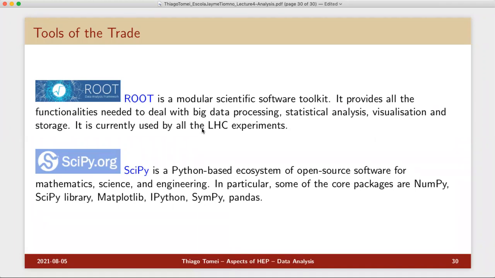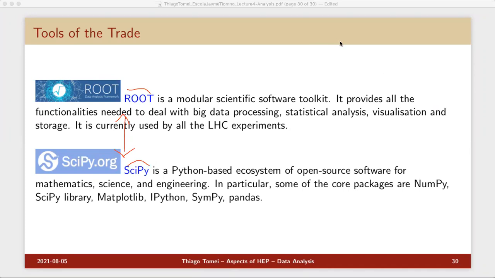Particularly the numerical part of SciPy, NumPy, and some other packages like pandas, and stuff like TensorFlow, PyTorch, Keras, is used in the field of machine learning. And there are already some efforts to build some bridges between the two things, because sure, ROOT is very good for us, but the people working with SciPy and NumPy are making great progress in machine learning, which, as I said, is something that we are using more and more at the LHC.